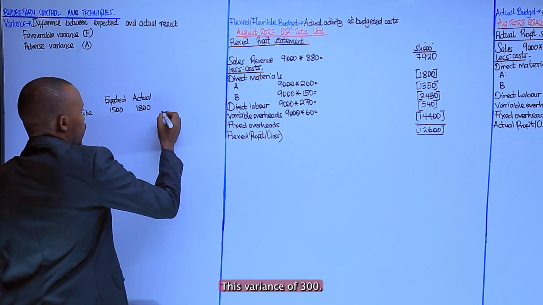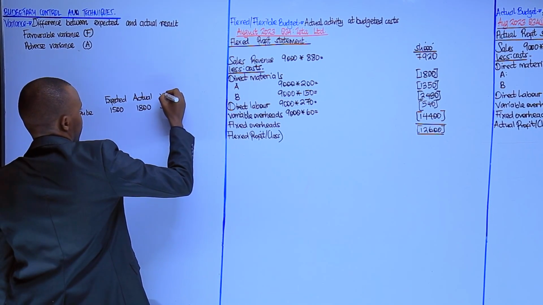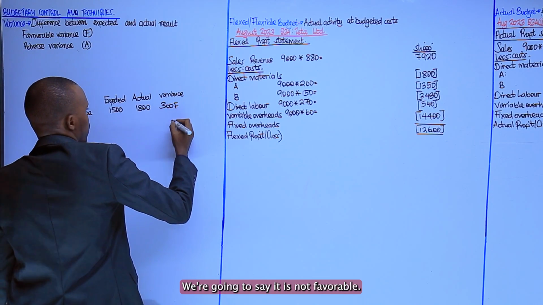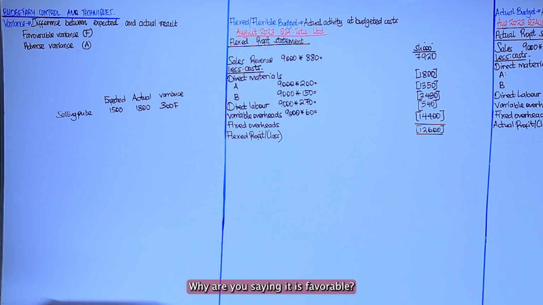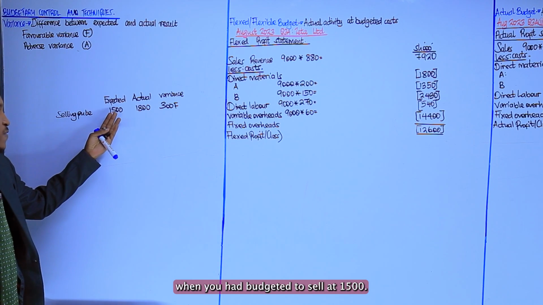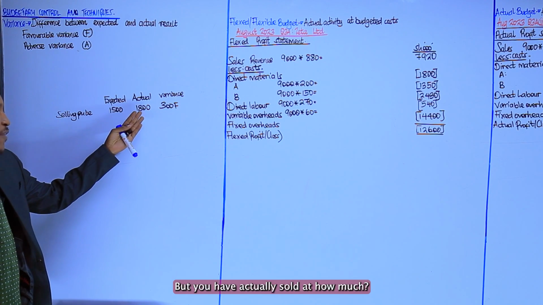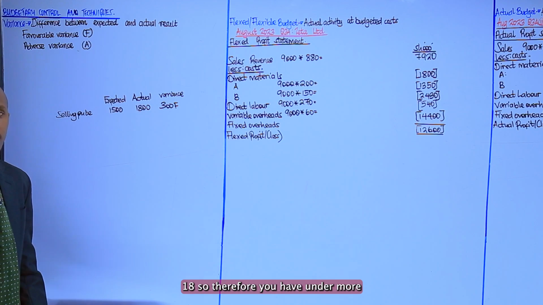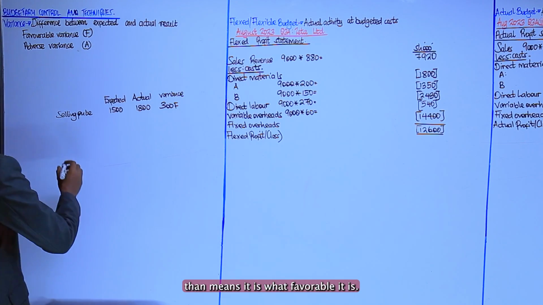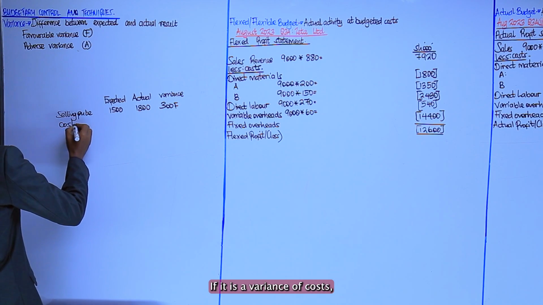This variance of 300, we are going to say it is favorable. Why? Because it is good: you had budgeted to sell at 1500, but you have actually sold at 1800. So therefore you have earned more. That means it is favorable.